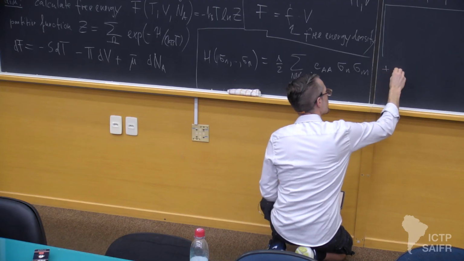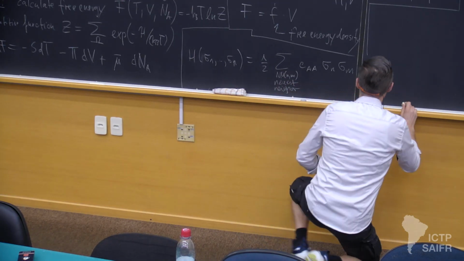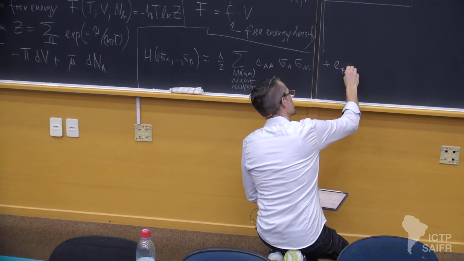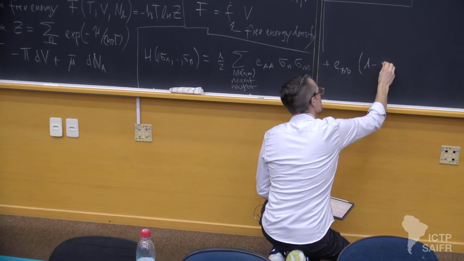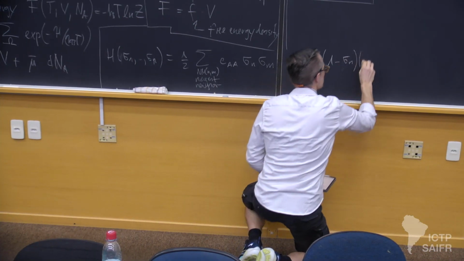Analogously, I can also do it for the other interactions. Here for the B, it's simply 1 minus sigma.